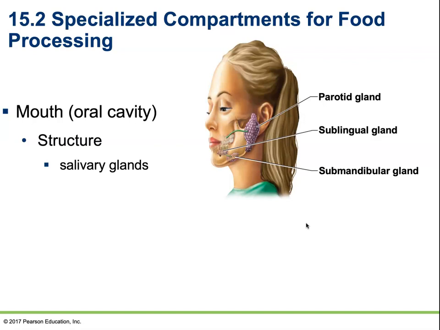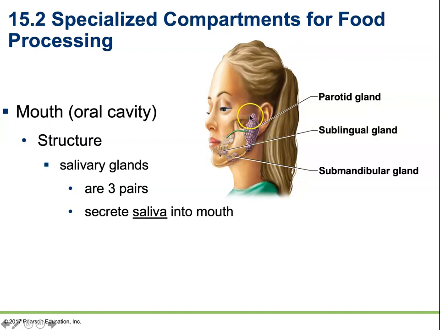There are 3 pairs of salivary glands that are going to be found. We have the sublingual glands, found just below the tongue. We have the submandibular glands, found down below here, below the jaw, and then parotid glands, found in front of the ears. They're ultimately going to be responsible for releasing saliva into the mouth.